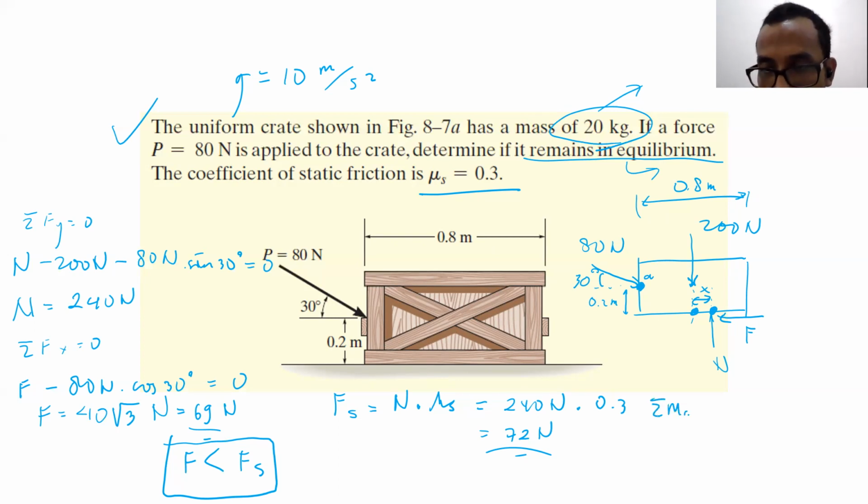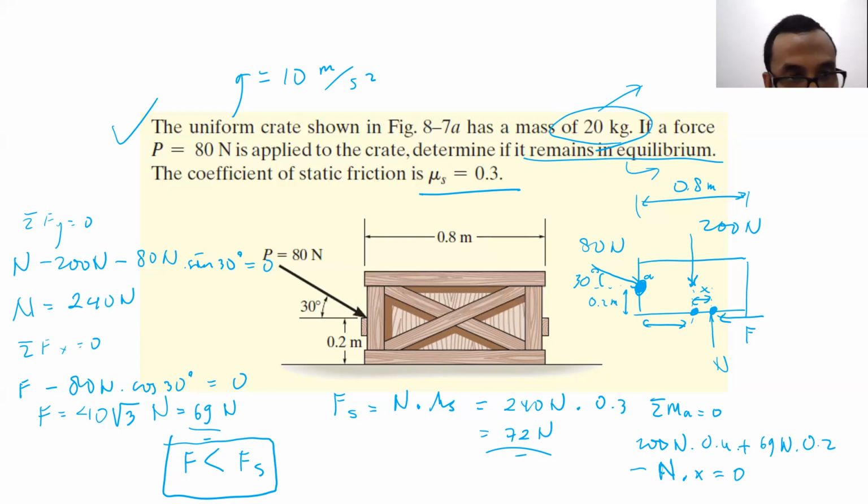So sigma moment at point A equal to 0, with clockwise as positive. 200 Newton multiplied by this distance of 0.4 meter, it's clockwise, and then plus the friction force multiplied by 0.2 meter. The friction force F is 69 Newton, also clockwise, multiplied by 0.2 meters, minus the normal force multiplied by X equal to 0.